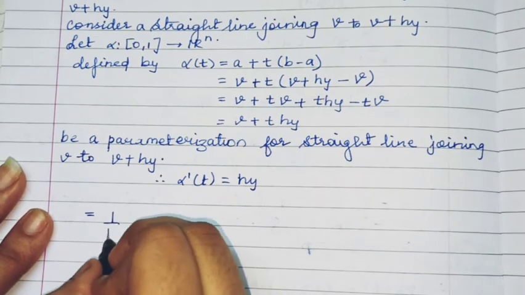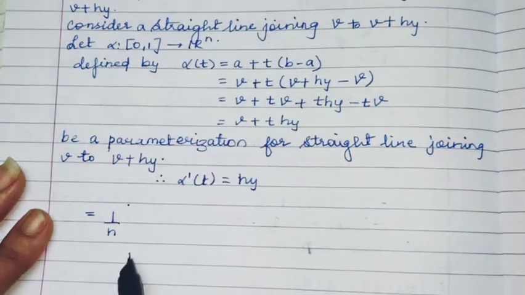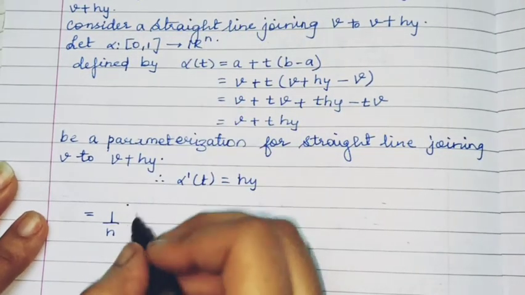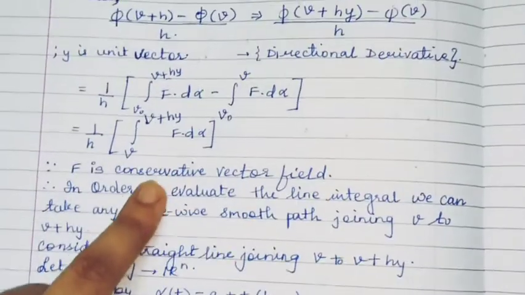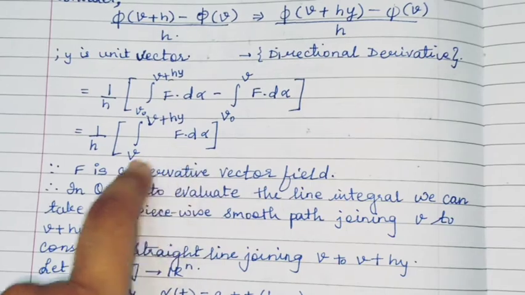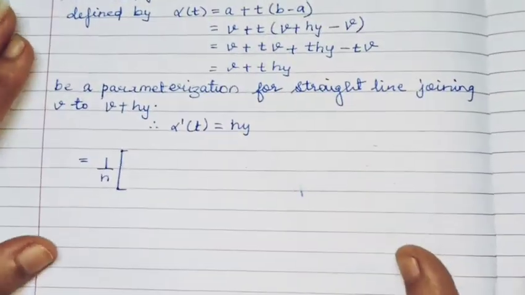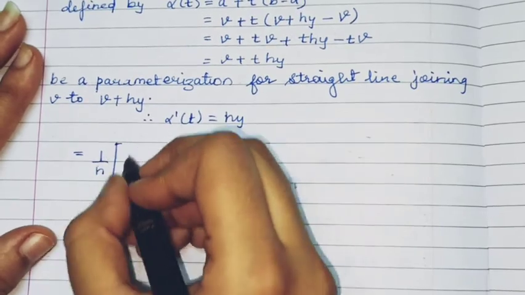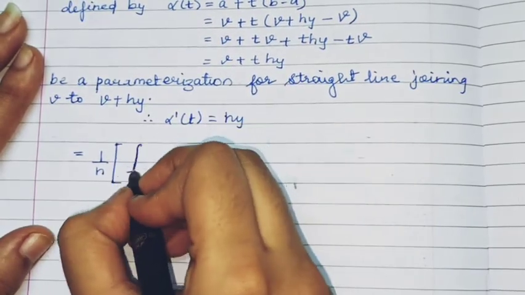Now we will get back to the original equation, that is 1 upon h remains as it is. Now the line integral from v to v plus hy of F d alpha. This is the line integral with respect to the parameterization alpha.